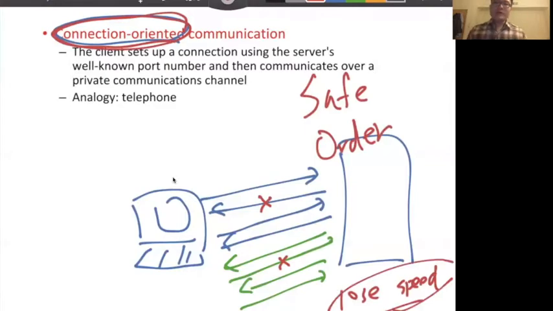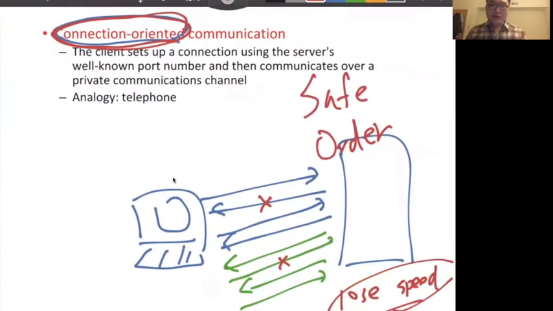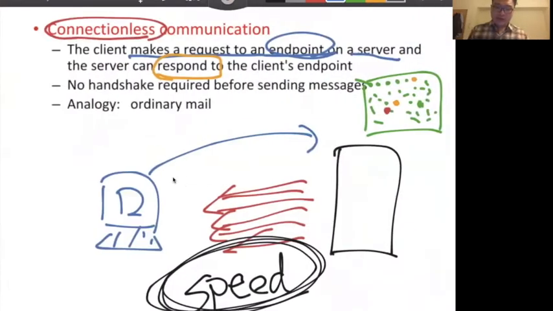Okay, so there are two ways to make this communication. One is connectionless communication. One is connection-oriented communication. And usually we say TCP/IP. What's the TCP here? It is a connection-oriented protocol. So this connection-oriented communication protocol, we call it TCP. And this one, we call it UDP.